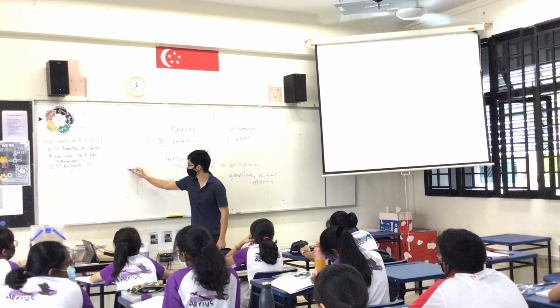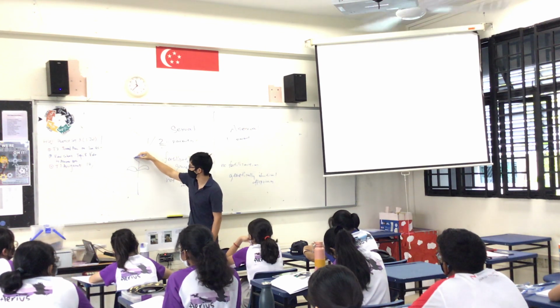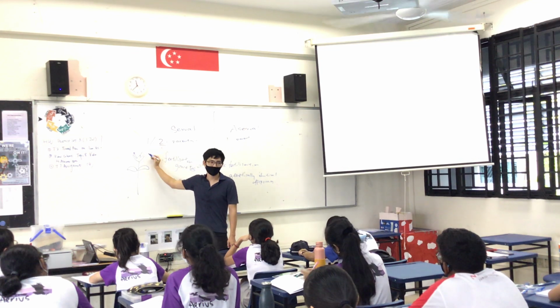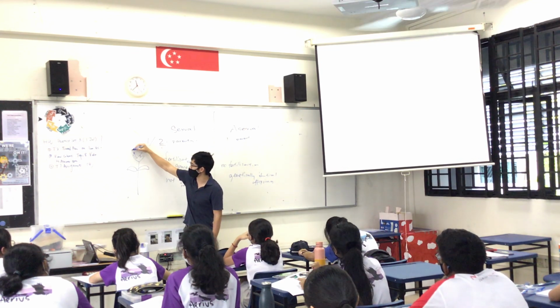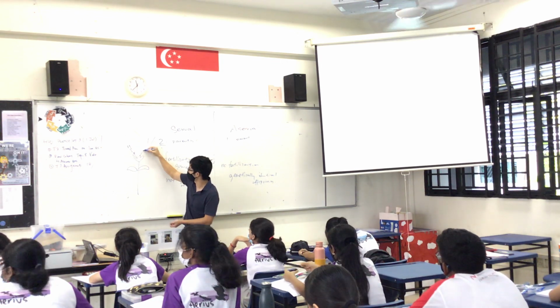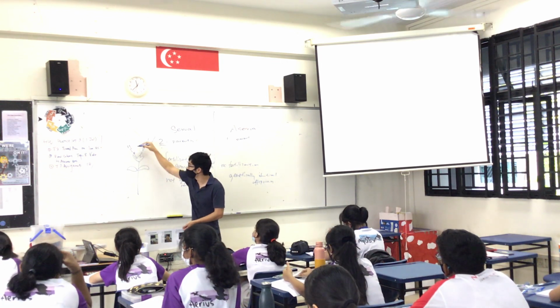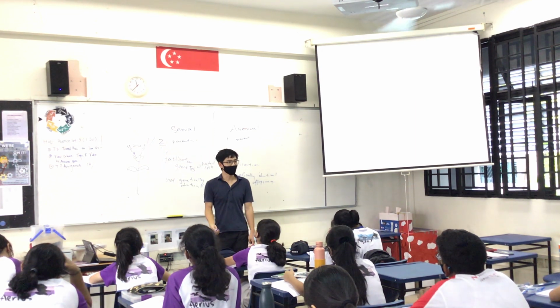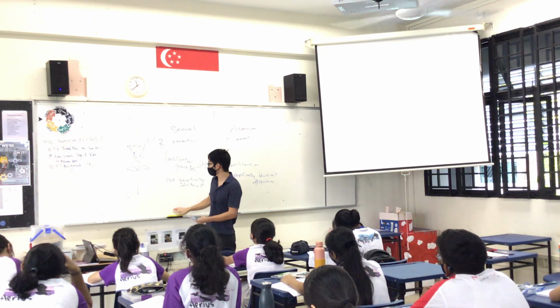Let's say we have a plant, and then it has flowers. Flowers come with male and female parts. Both produce gametes, the male gamete and the female gamete. Fertilization can happen within the same plant, same parent. So it is possible.